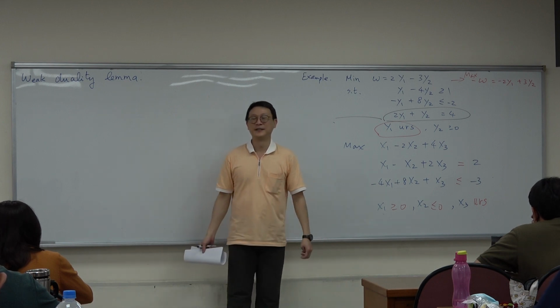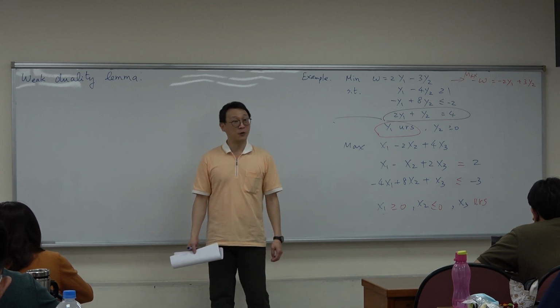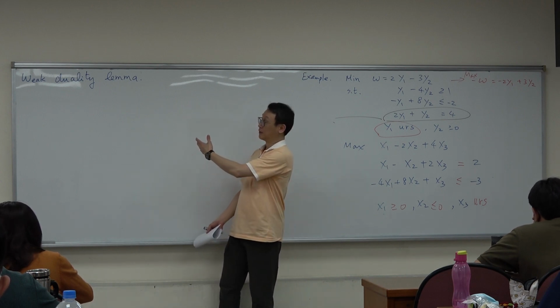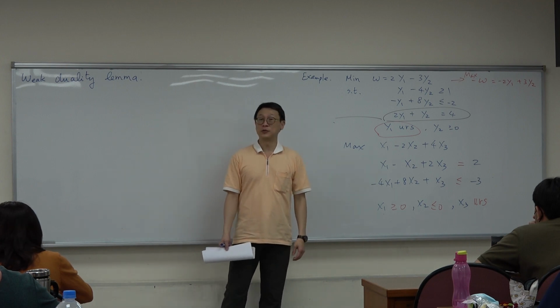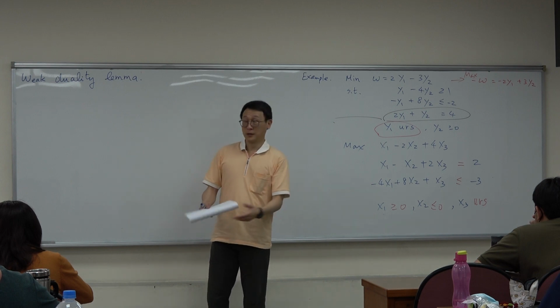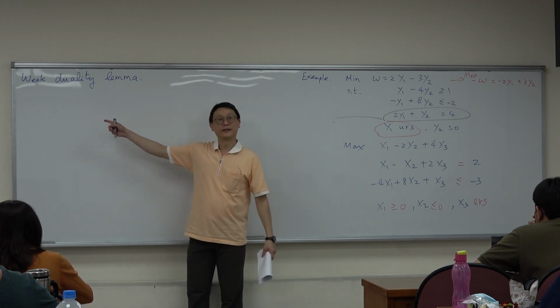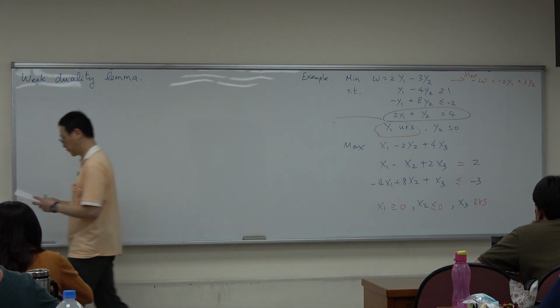But the question is, how can you prove that? Right now, we want to utilize weak duality to prove the relation between the primal problem and the dual problem. And also, since we have weak duality, consequently we have strong duality.